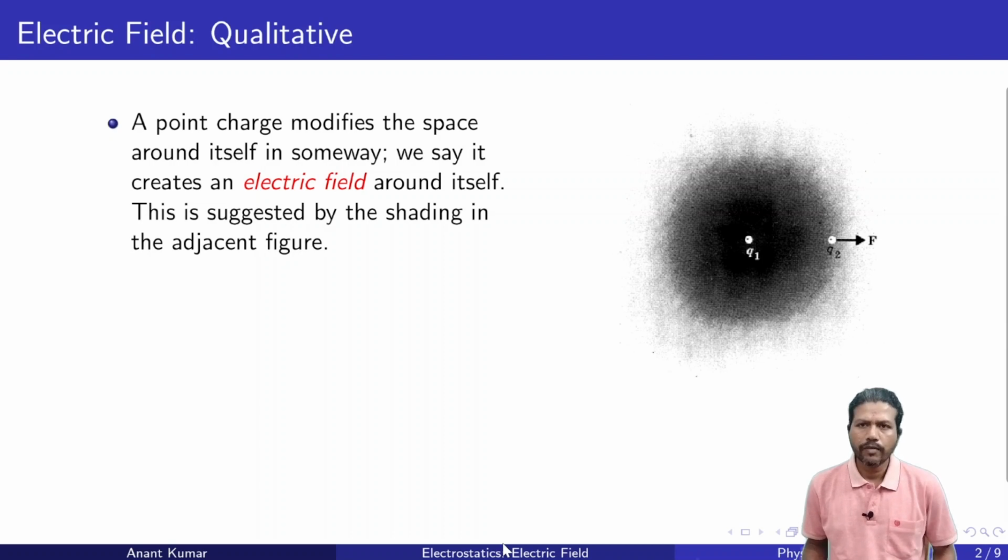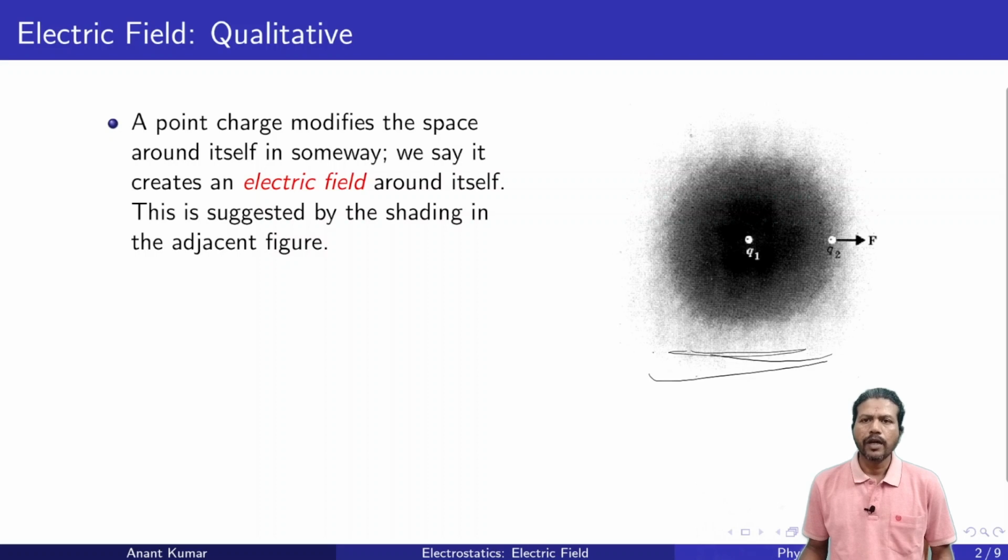Actually, let us talk about the electric field itself. When you have a point charge placed at some location, it modifies the space around itself in some way. We shall see exactly how it does so. And we say that it creates an electric field around itself. This has been suggested in this case, not as an exact diagram, but as a suggestion of how this might be, by the shaded portion over there.